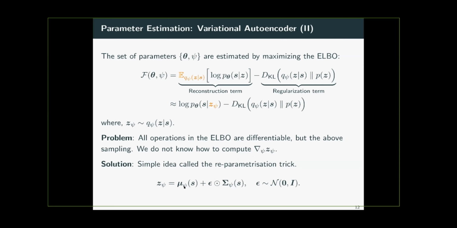And now we can, of course, compute the derivative of Z with respect to the parameters psi. So this, that here is done with Gaussian distributions, can be done for any distribution in which you can decouple the sampling, which is epsilon here, and the parameters that you are training for the inference.